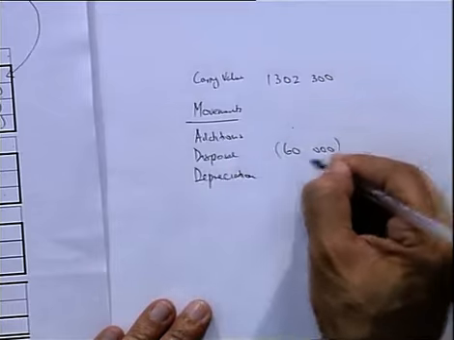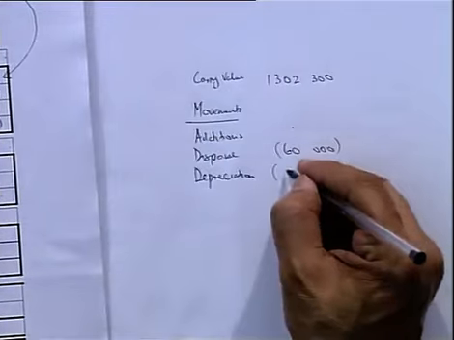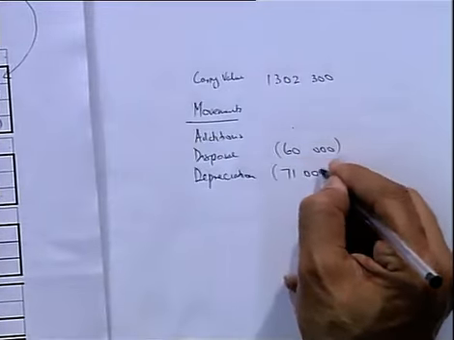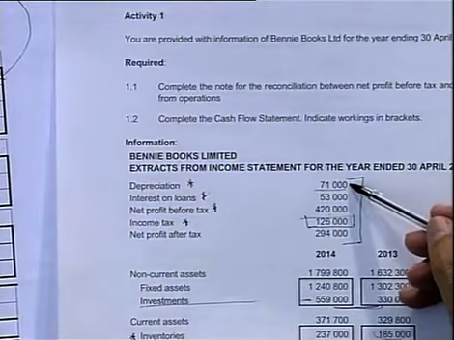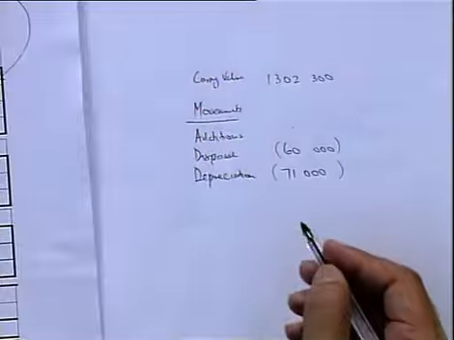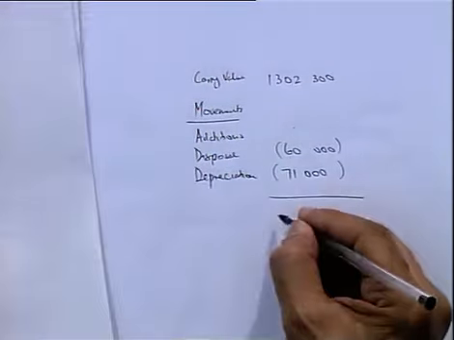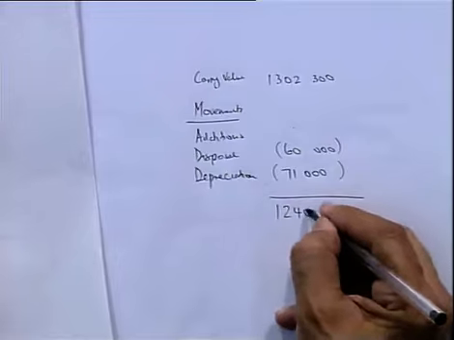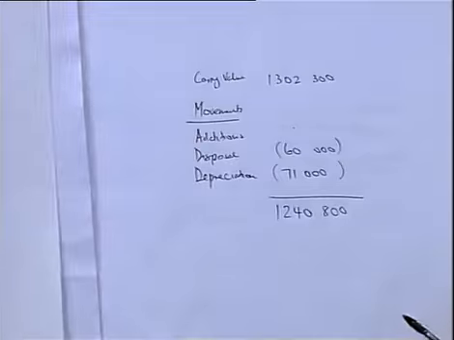The disposal and the depreciation figure, the depreciation is 71,000. I got that depreciation from the income statement information, and that gave me an answer of 1,240,800.